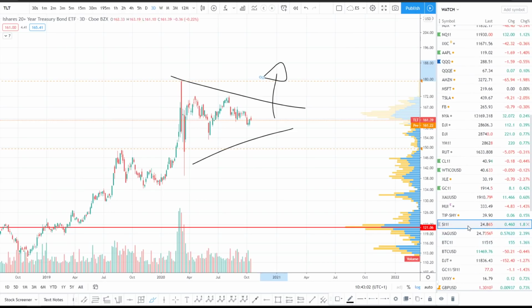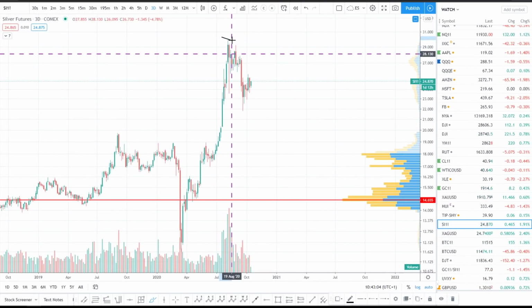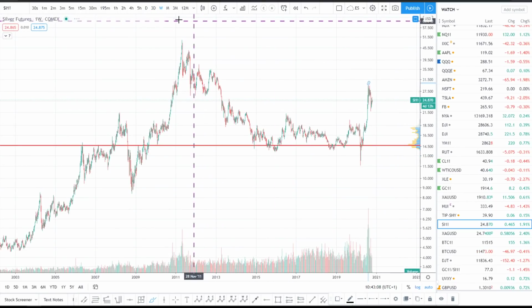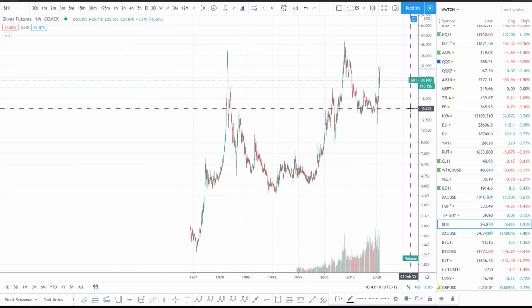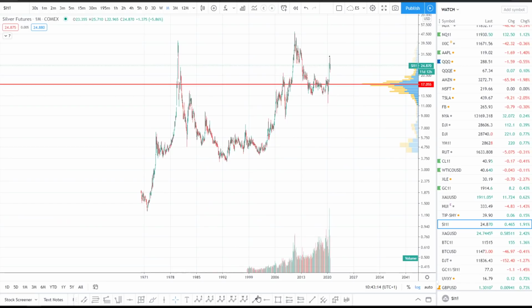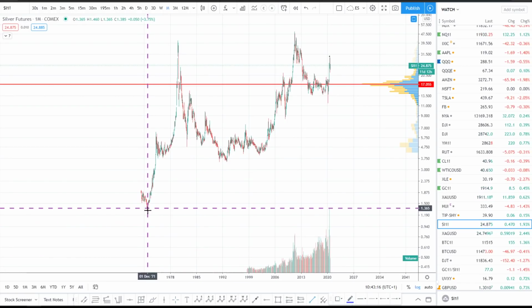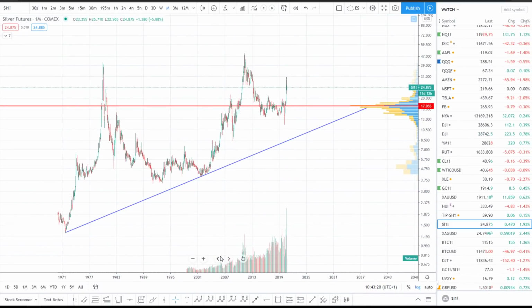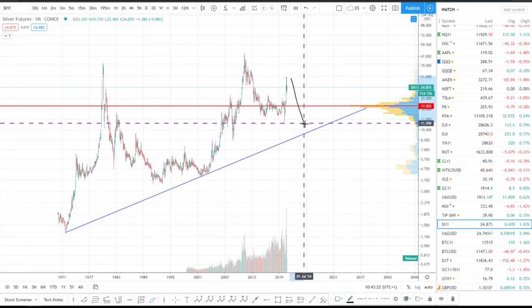And then linked to that, silver. We've been calling this top for a while. I don't think this is the move towards $50 or anything. I think silver eventually goes to $2. Maybe it hits this line.